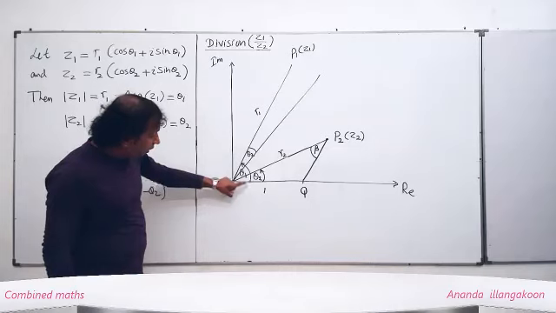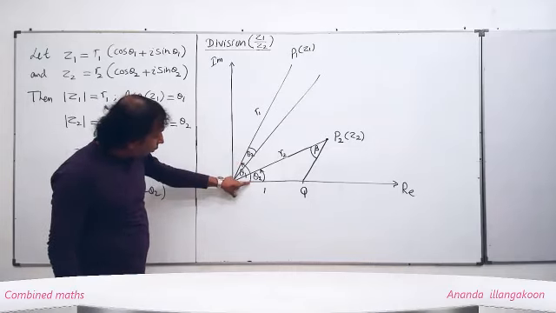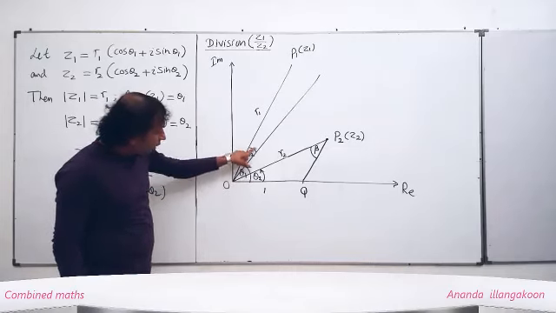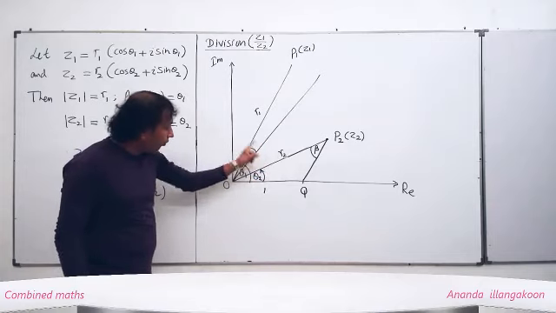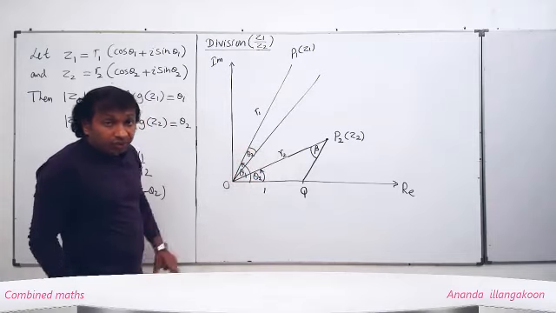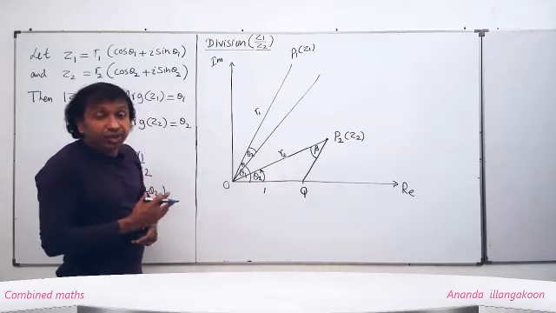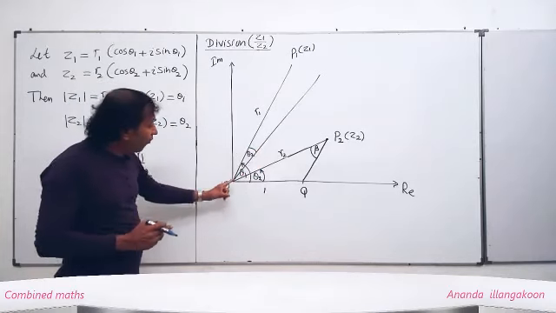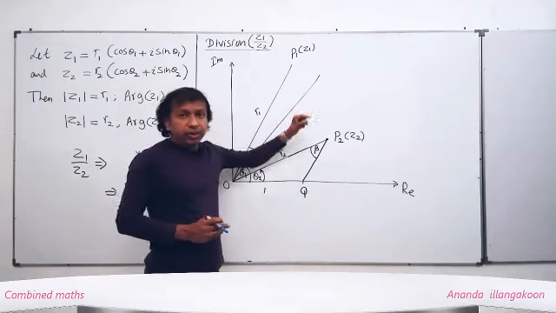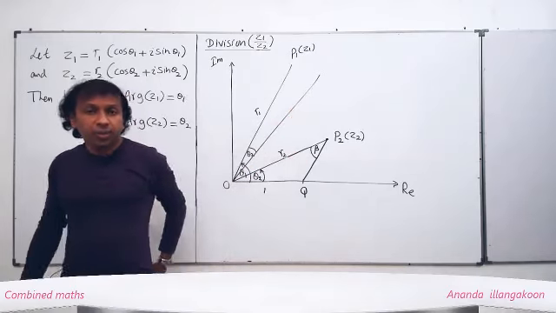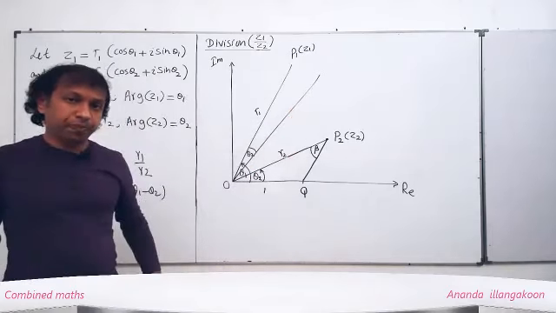Then you can very clearly see, from here to here theta 1, this is theta 2, then from here to here it is theta 1 minus theta 2. That is the required argument of the line segment which can represent the complex number Z1 by Z2. So somewhere on this line, the point which represents Z1 divided by Z2 must be available.